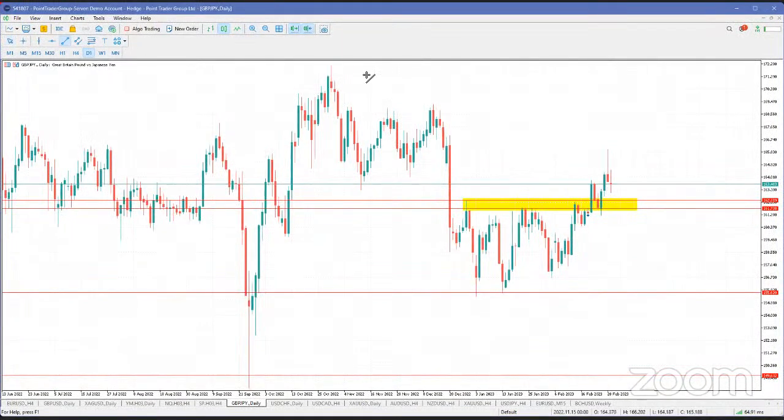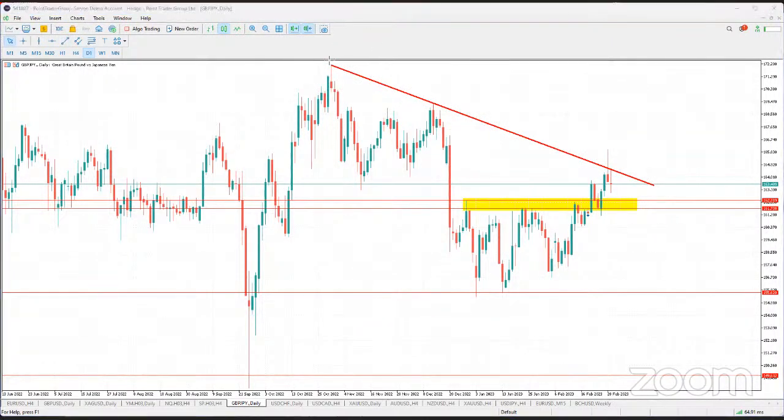Okay, maybe this one would be okay. Look at this. The market is touching this area. 1, 2, and here's the third time. And once it did touch it, the market went downwards. Just as easy as this.